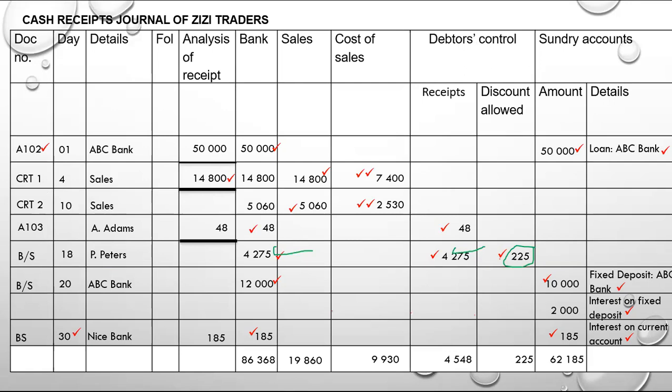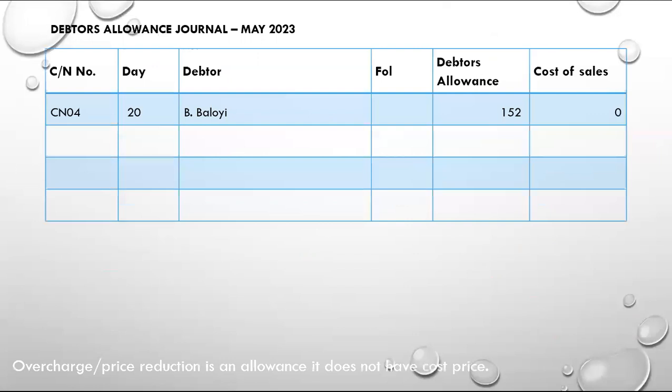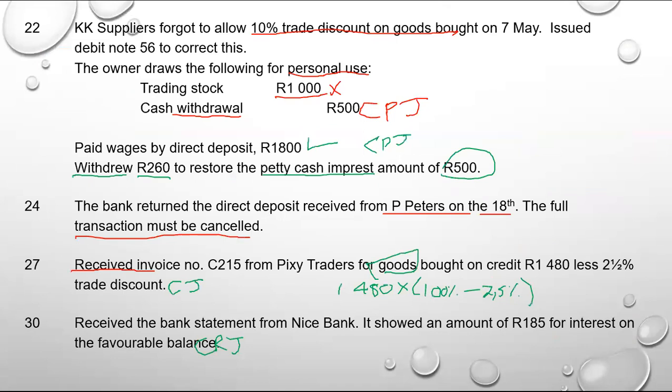Let me just go back to the first journal here just to show you how you will mount this. Then here, wait, how did I miss 23 here? I don't remember going through 23. Yes, I didn't go through 23 because it's not here. Come on now. Okay, let me quickly check what I missed here.